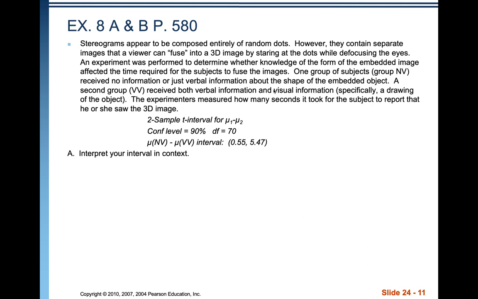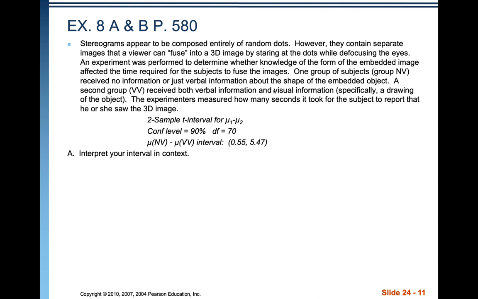Stereograms appear to be composed entirely of random dots. However, they contain separate images that a viewer can fuse into a 3D image by staring at the dots while defocusing their eyes. An experiment was performed to determine whether knowledge of the form of the embedded image affected the time required for the subjects to fuse the images. One group of subjects, group NV, received no information or just verbal information about the shape of the embedded object.